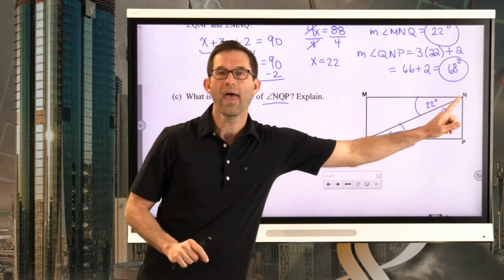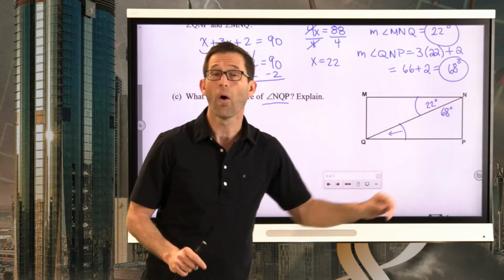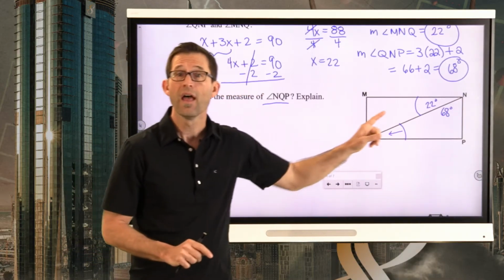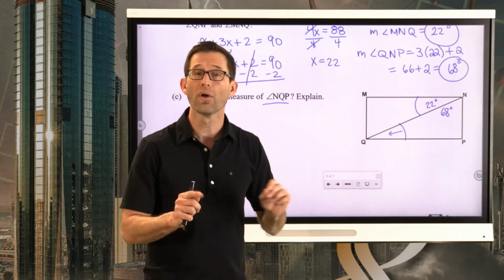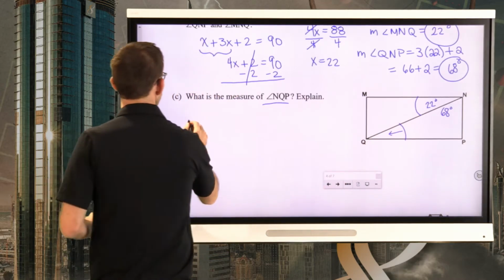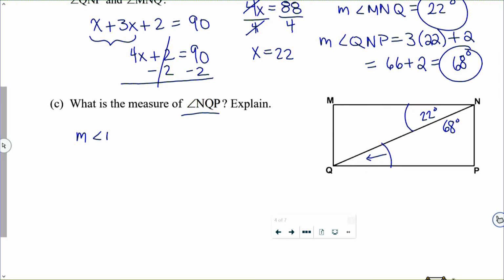Because MN is parallel to QP, as all rectangles are parallelograms, this angle and this angle are alternate interior angles, so the measure of angle NQP must be equal to the measure of angle MNQ and must be 22 degrees. That's the fast way of doing it.